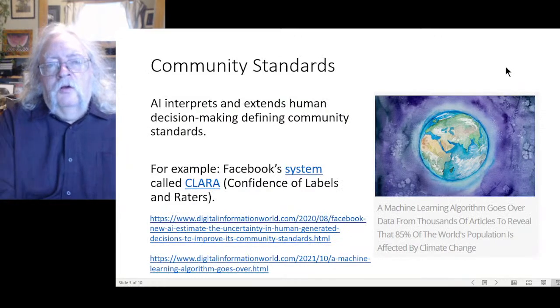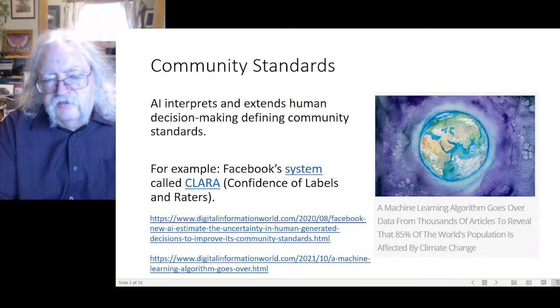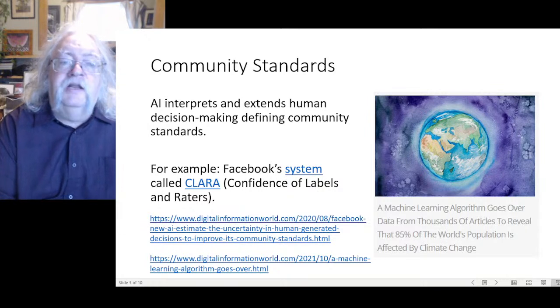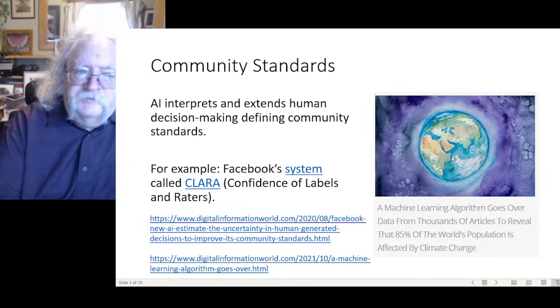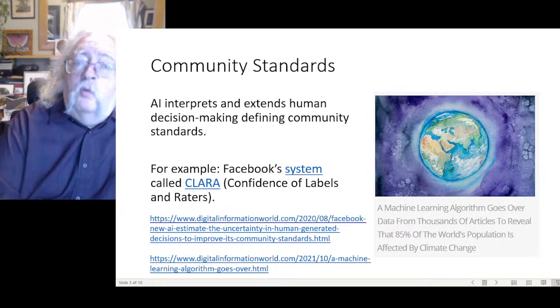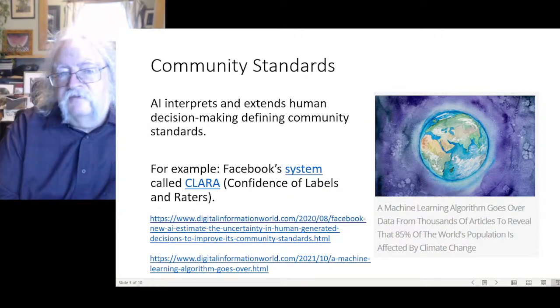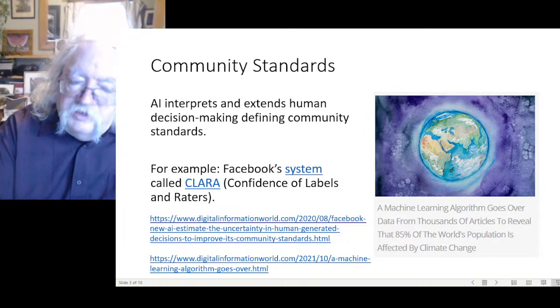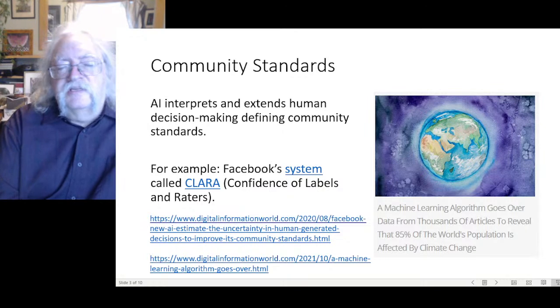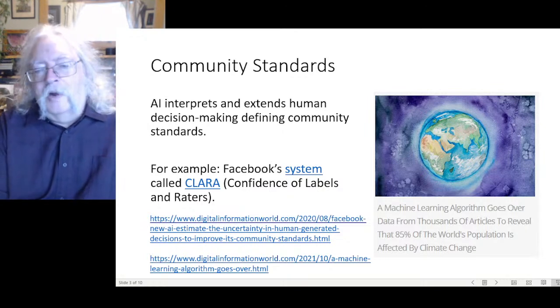So, one place where we see Deontic Analytics already being applied is in the definition of community standards. Now, this is a tough one because we think of community standards as something that is defined by the community and something that we detect rather than define.